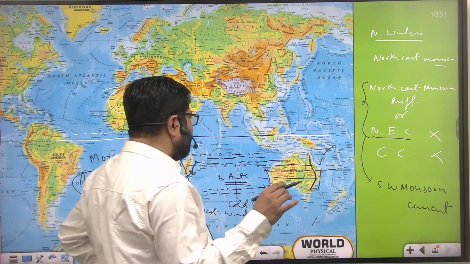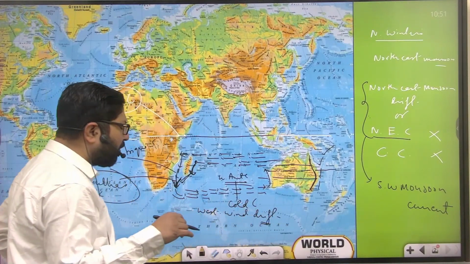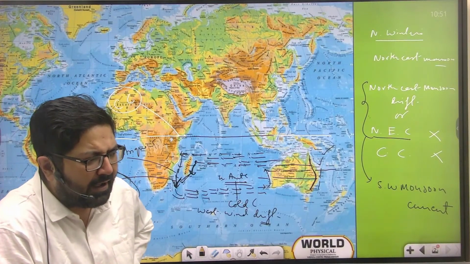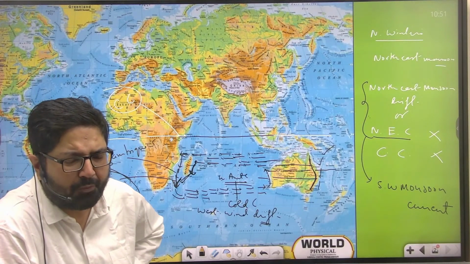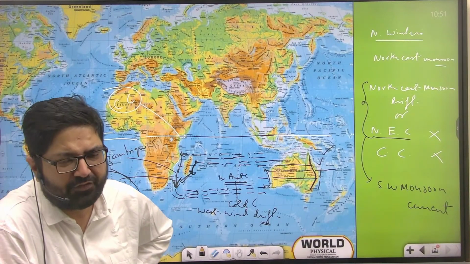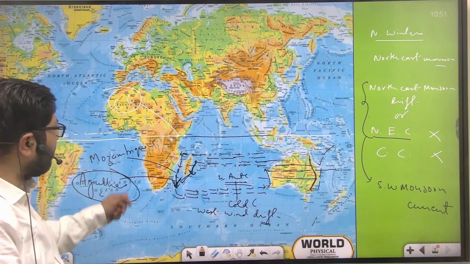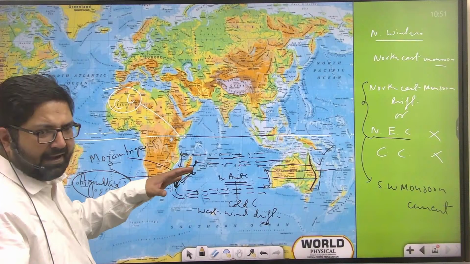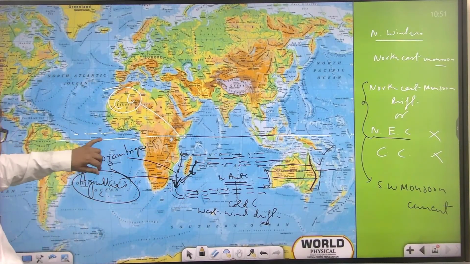Your responsibility is to explain how ocean currents play an important role in impacting the ecology, economy, and lifestyle of people, or how ocean currents affect the vegetation, climate, and economic activity of the region. It is very simple. You can do it if you have seen the climatology also, because in planetary winds I explained all this. Ocean currents are the result of the impact of planetary winds.